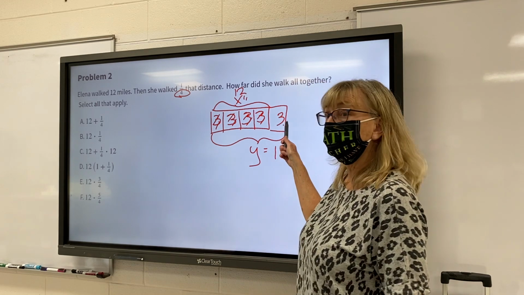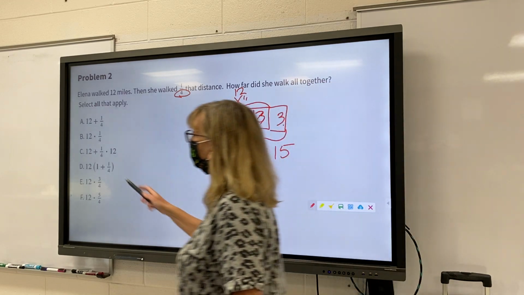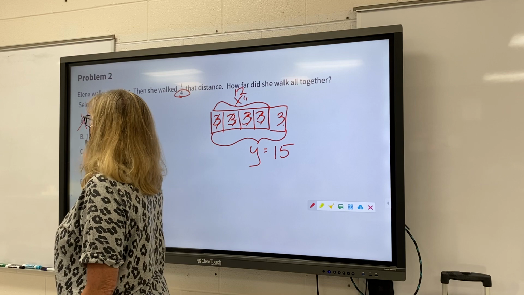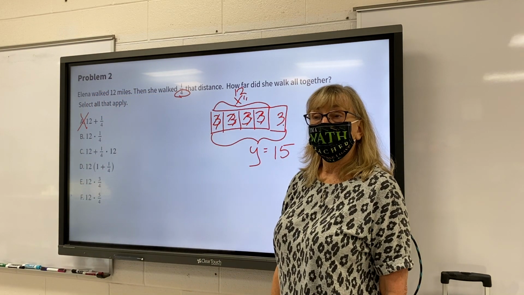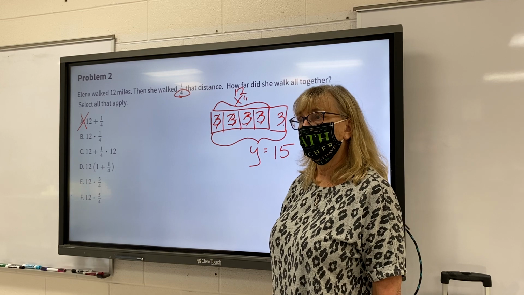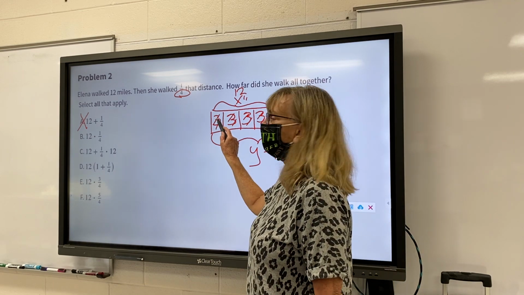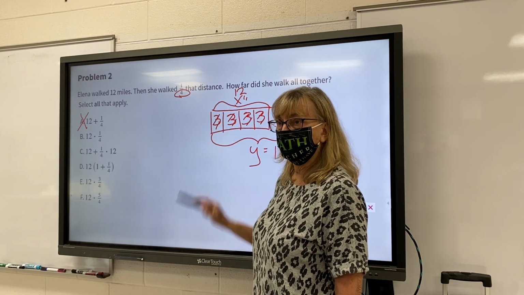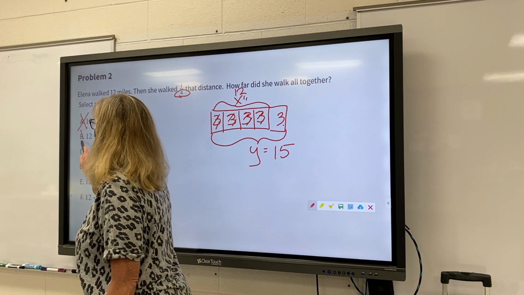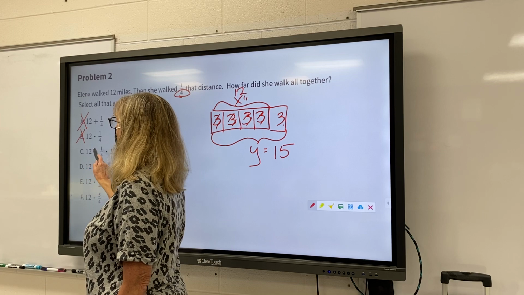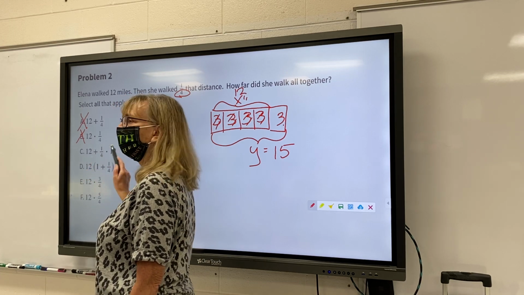So this one does not work. 12 times 1/4? Well, what does 12 times 1/4 give you? 3. That only gives you the value of one of the blocks. So does that one work? No.